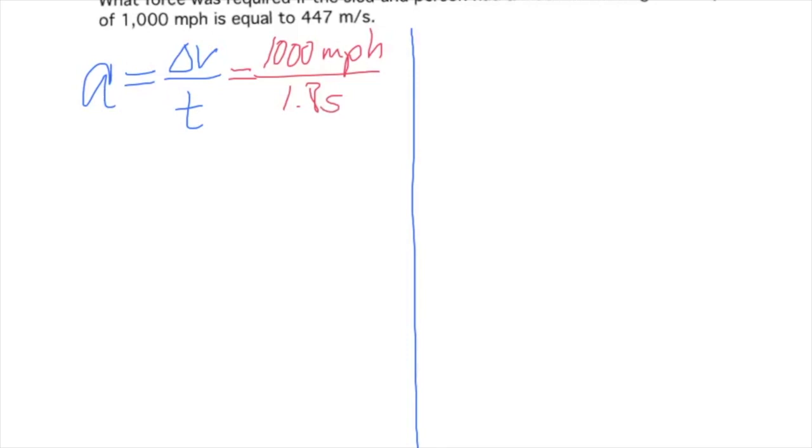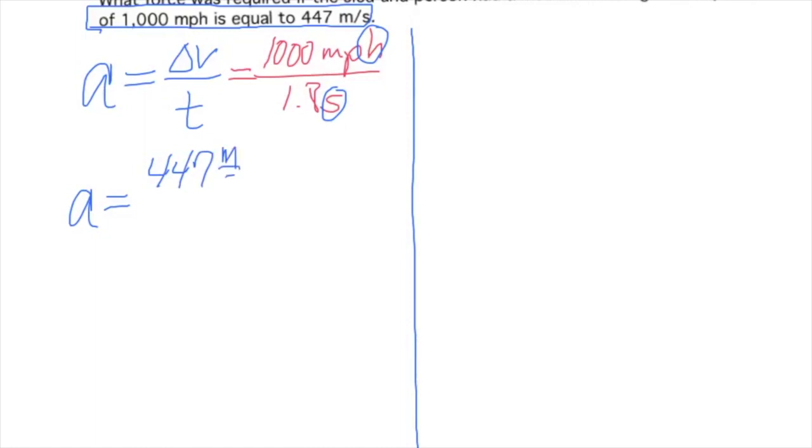Now, we have a problem here because our units are not compatible. We have hours and we have seconds, plus typically we are not working in miles per hour, we're working in meters per second. And so as you can see in this problem, we've gone ahead and given you the conversion that 1,000 miles per hour is equal to 447 meters per second. So we're going to use those numbers instead.